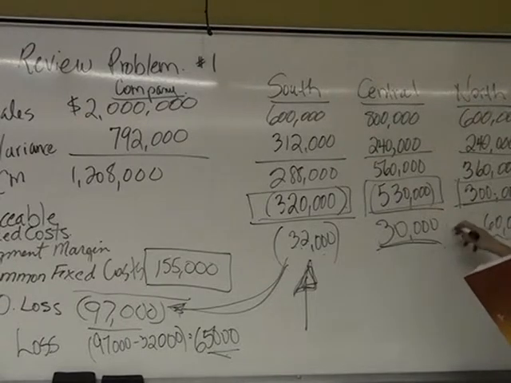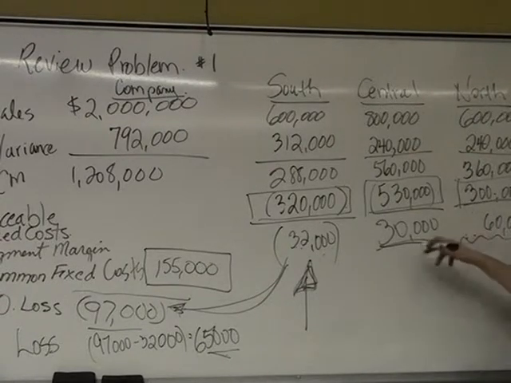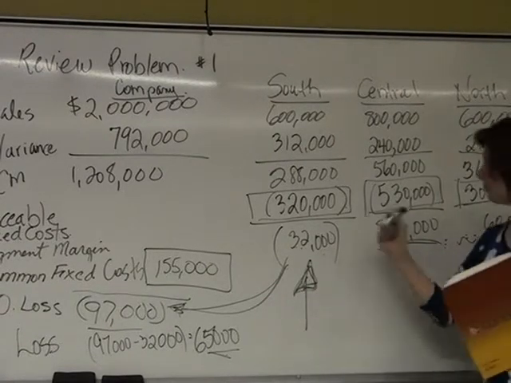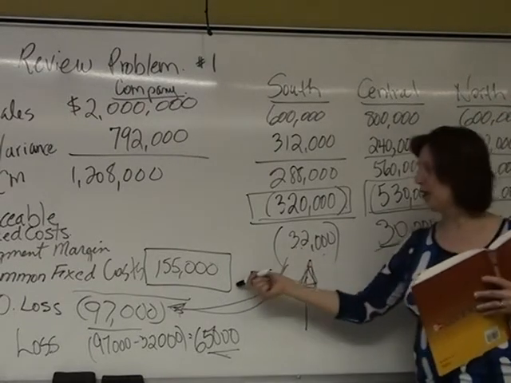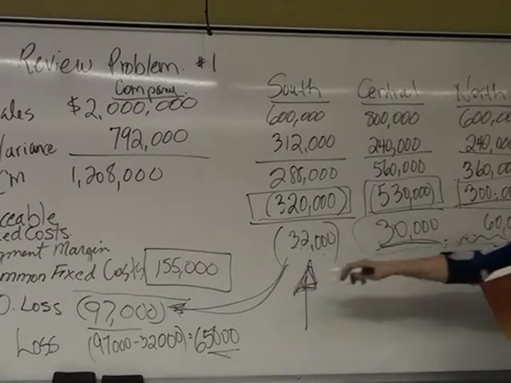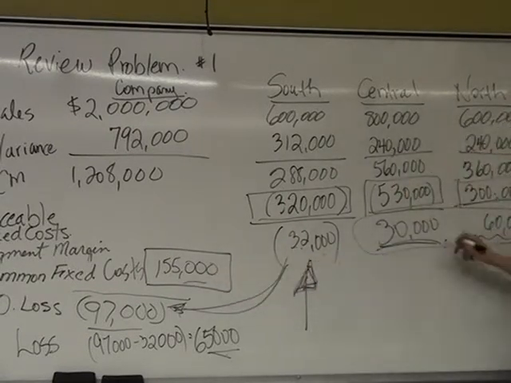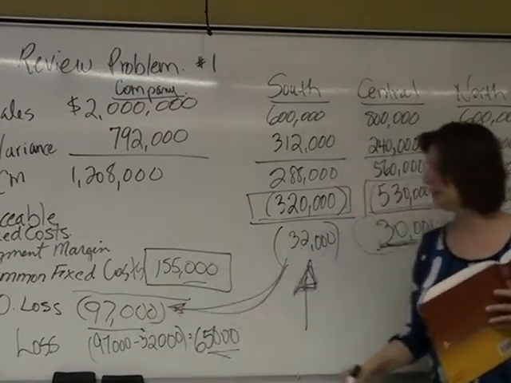So even though these guys are operating at a profit, and their losses would increase if they drop either of these two lines, their common costs are too much, right? Their common costs exceed their profit, and that's why they're having a loss.